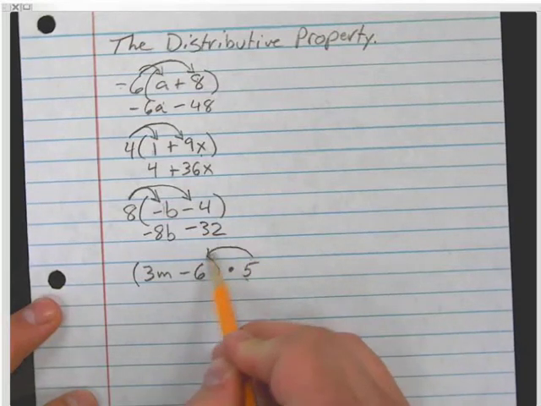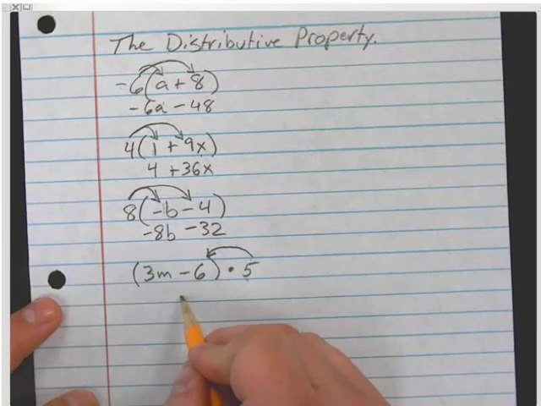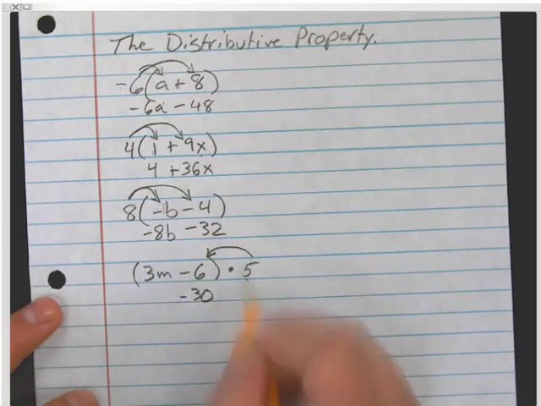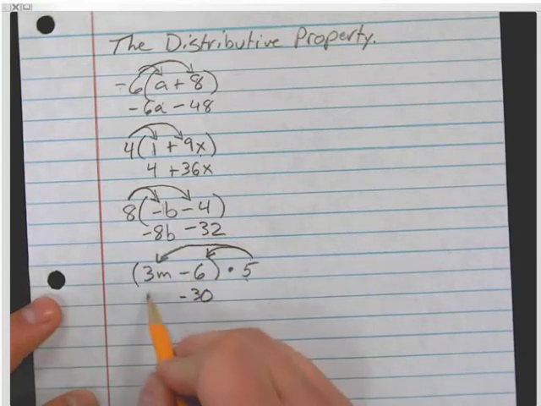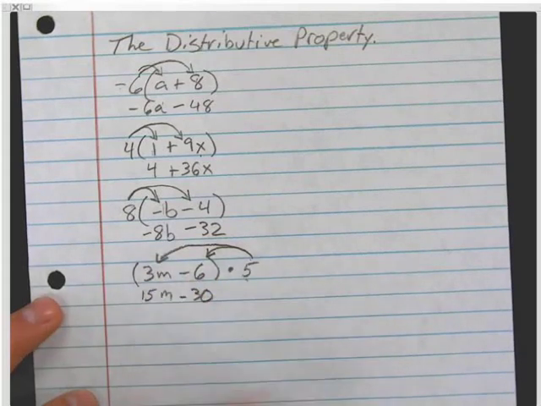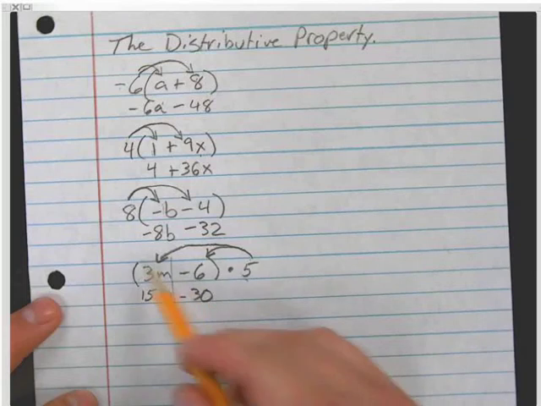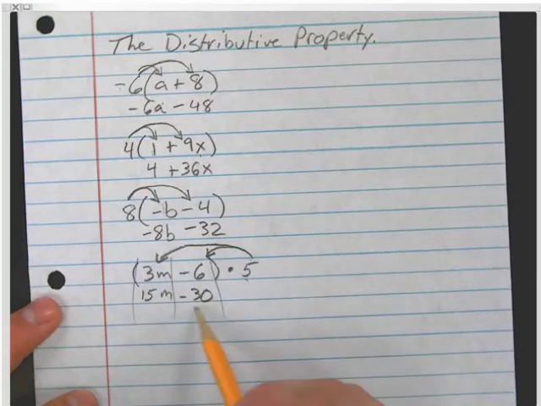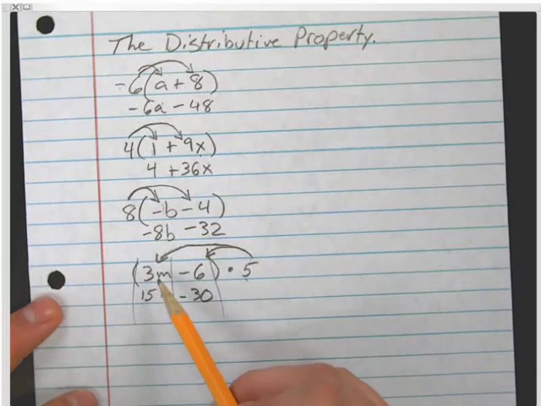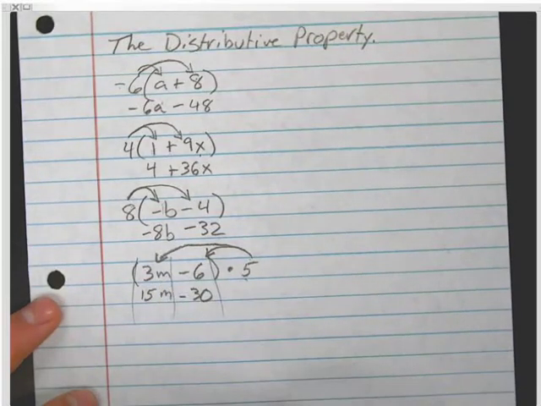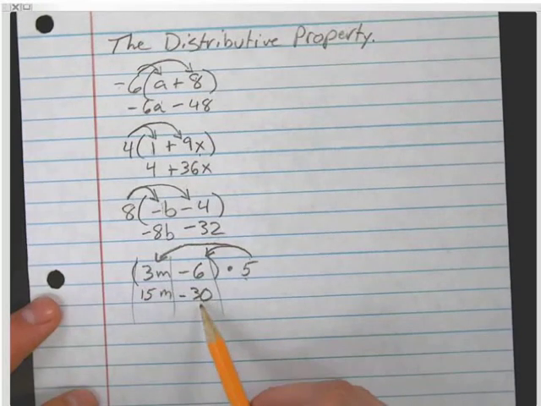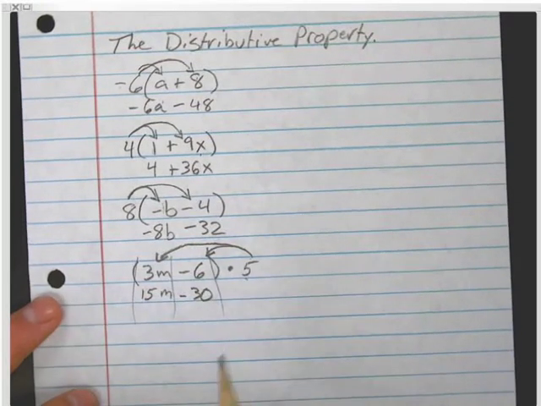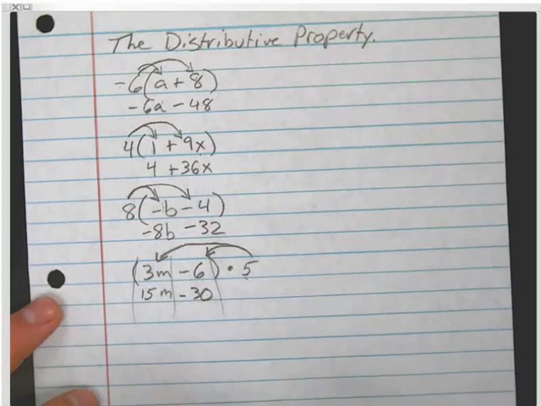So our 5 times negative 6 is negative 30, and then the 5 times 3m is 15m. Alright, notice I keep my m's over here, and I keep my constants over here. In math, it'll help you greatly if you keep everything lined up in the future. Right now, I won't take off if your negative 30 plus 15m is over here. That's fine with me right now, but get in the habit of keeping them in line, and it'll make your life a lot easier.